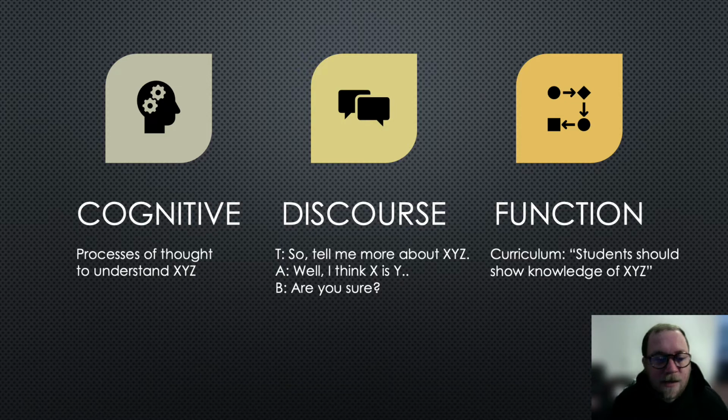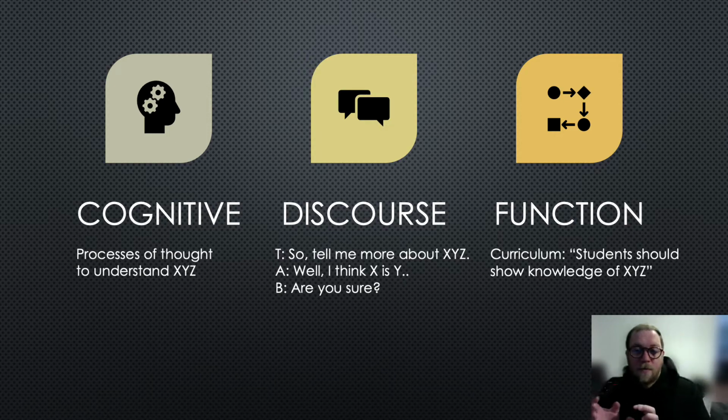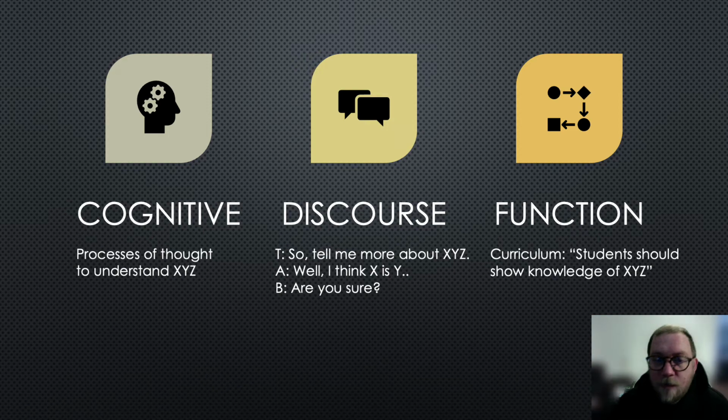So here's a generalized example. The function is the purpose for our communication, and today we're only talking about language in education. So the function could be a curriculum or lesson objective, or a prompt in an exam, or a small part of an activity. So in this example, the curriculum has stated, students should show knowledge of XYZ.